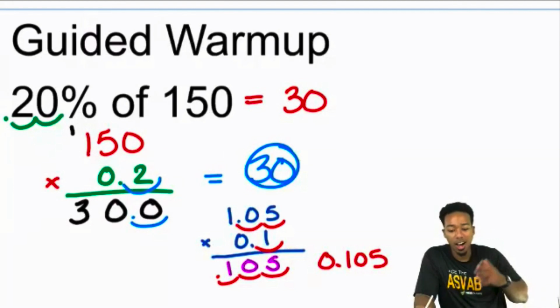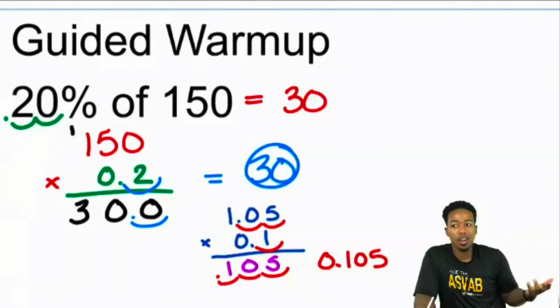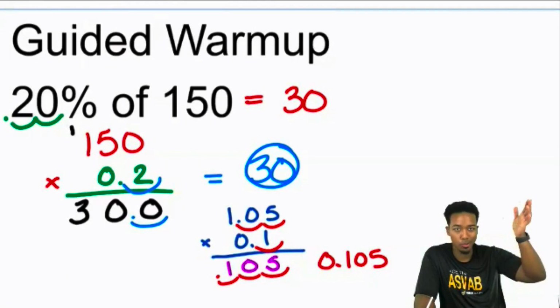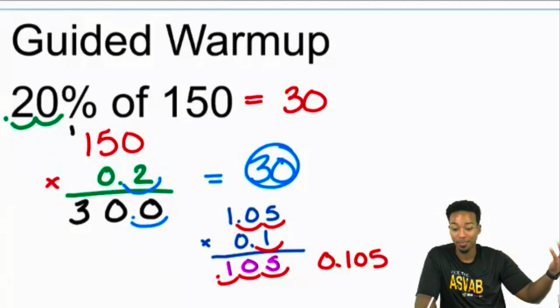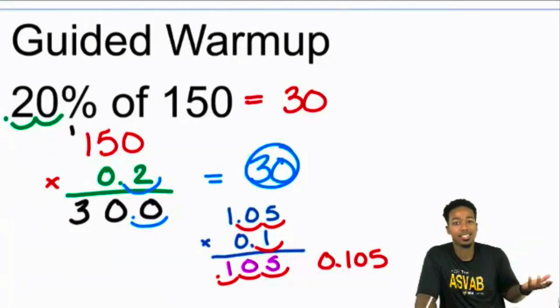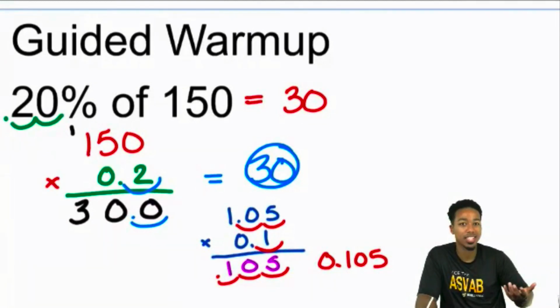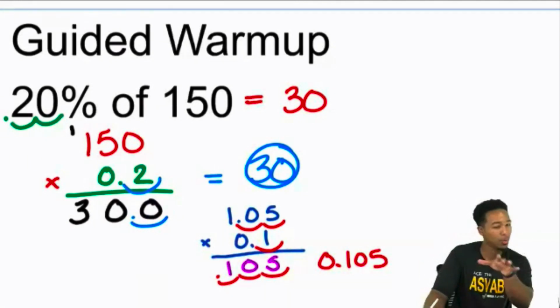Well, 100% of anything is the original number, and 100 fits into 100 one time. So that's just dividing by 1, because 100% of anything is the same exact number you started with. Was that the question you had there, Sia?